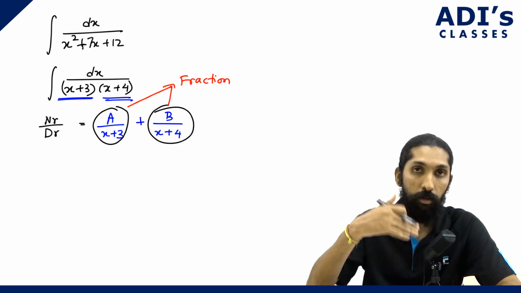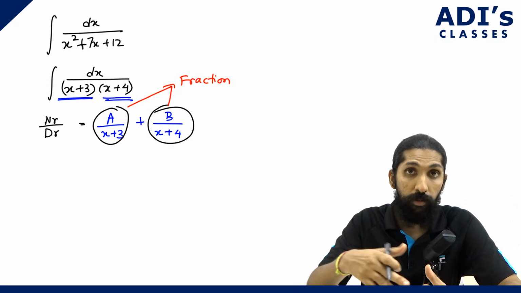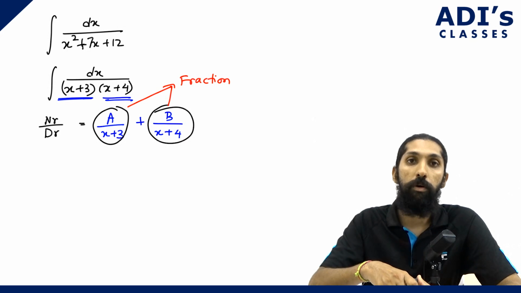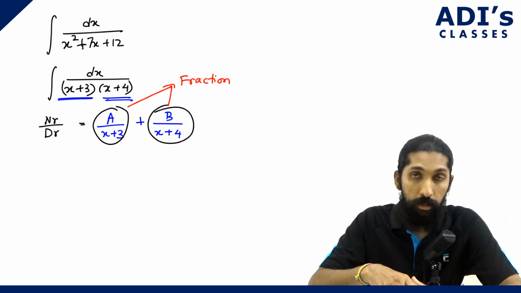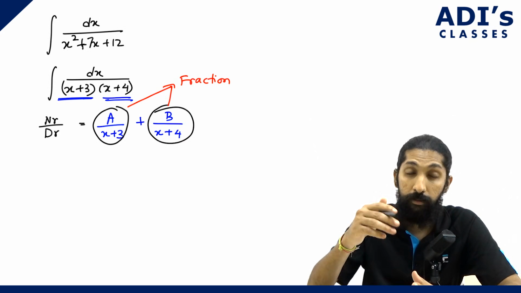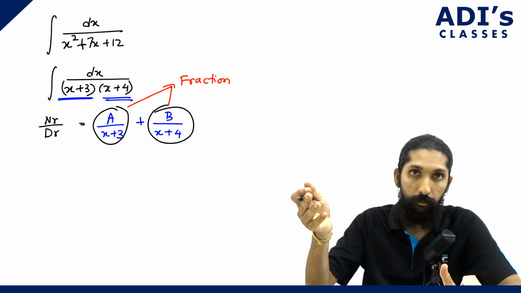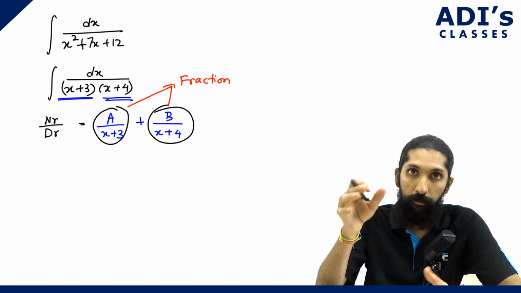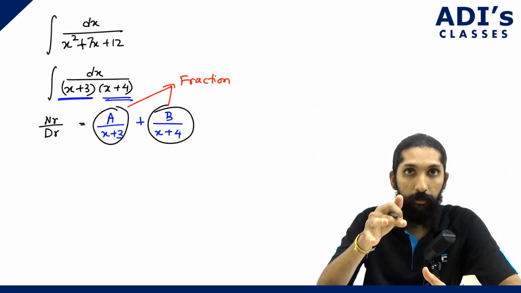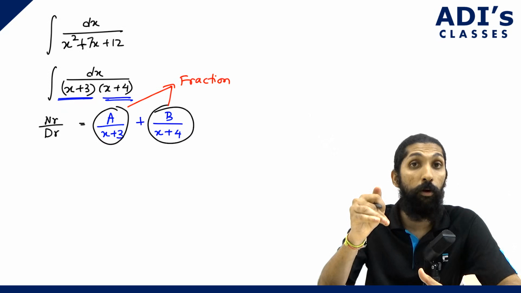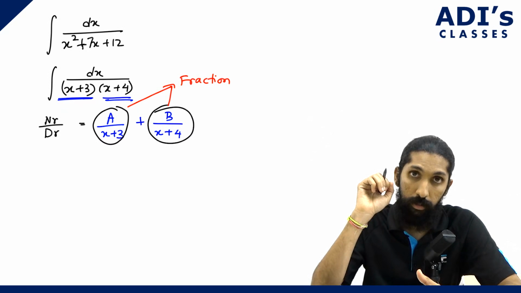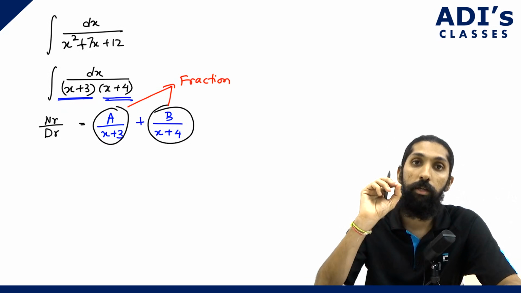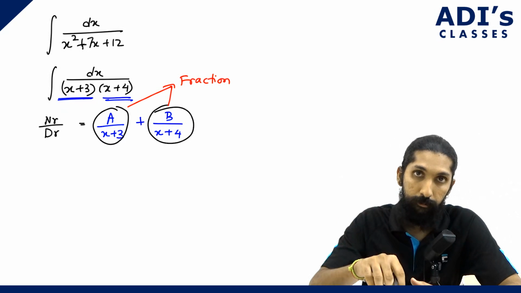Later on you are going to understand the meaning of partial fraction in a different way. The reason we write it is that every term and every factor is written in the format of a fraction. This is why we call it the partial fraction method.